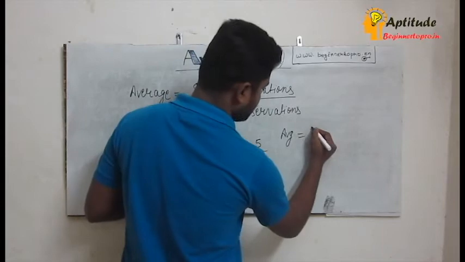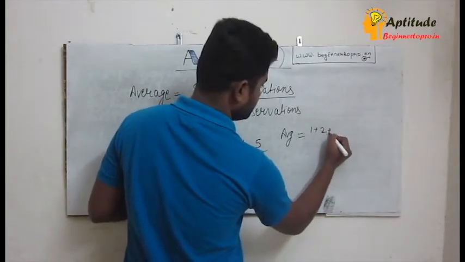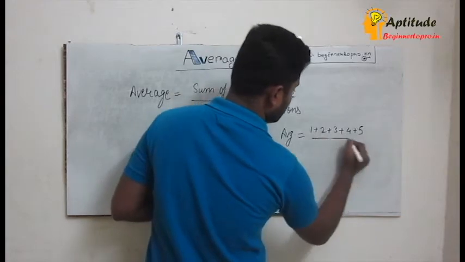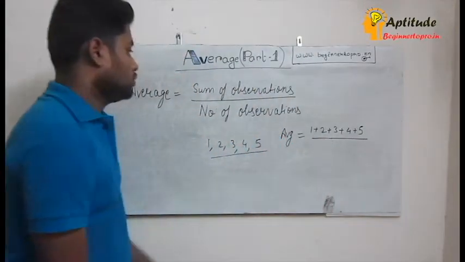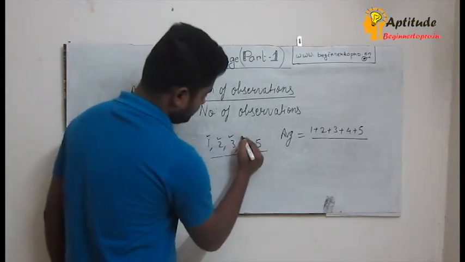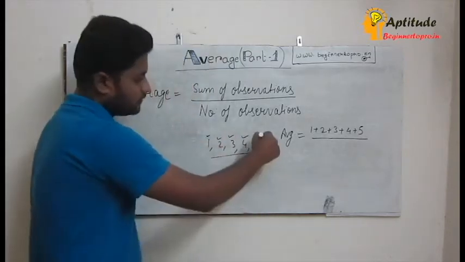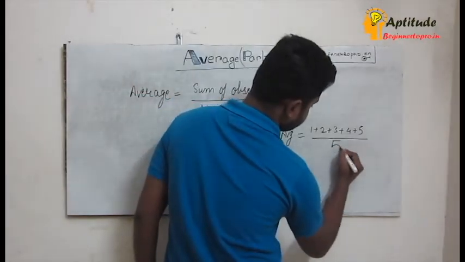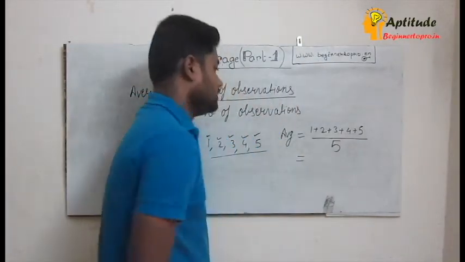We can write this as 1 plus 2 plus 3 plus 4 plus 5, and the total number of observations is 1, 2, 3, 4, 5. So we will divide by 5.